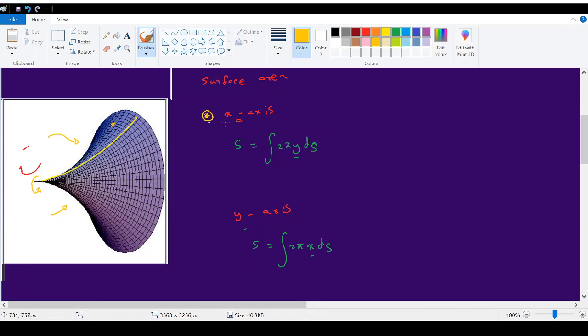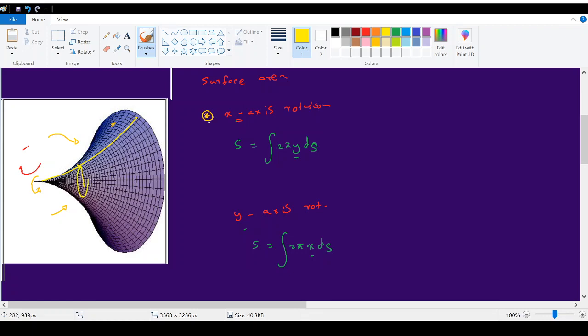One way to remember is this: in this case, we obtain this by x-axis rotations, and this is the y-axis rotation. So if it is rotated across the x-axis, you can see that it forms a circle like this.